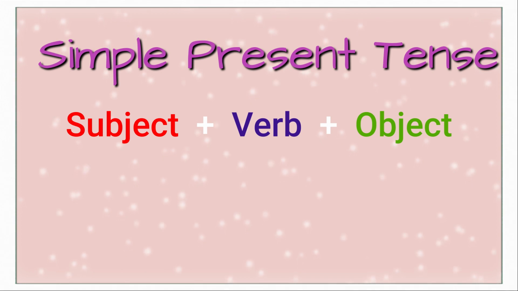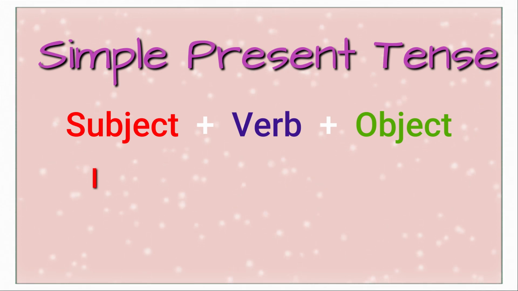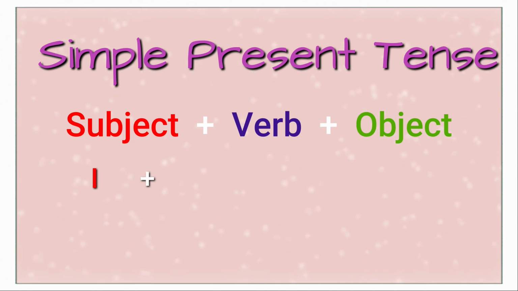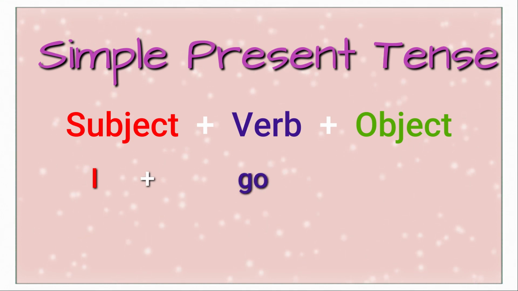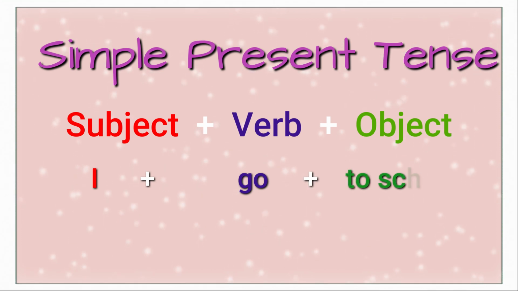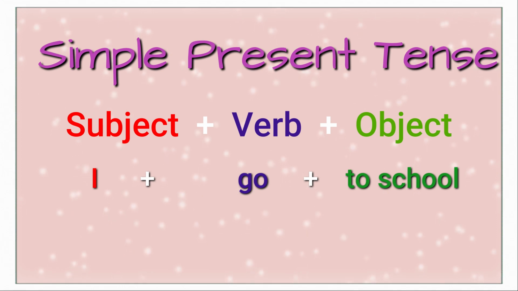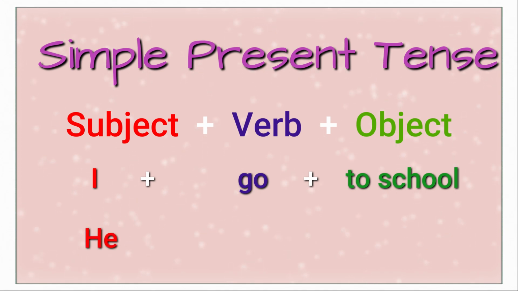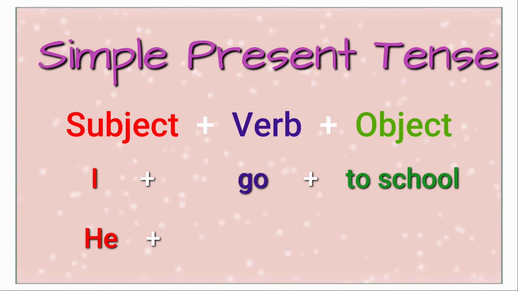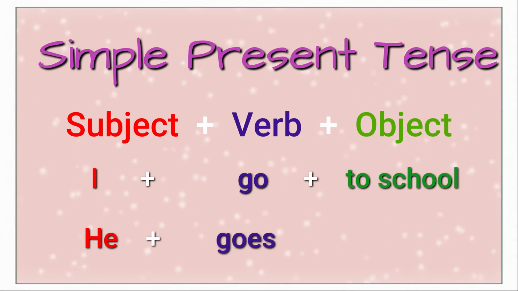Here we can see subject is I, verb is go, object is school. I go to school. In the second sentence, subject is he, verb again is go and object is school.